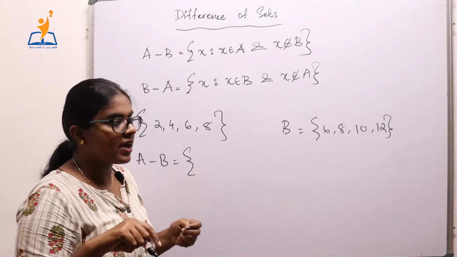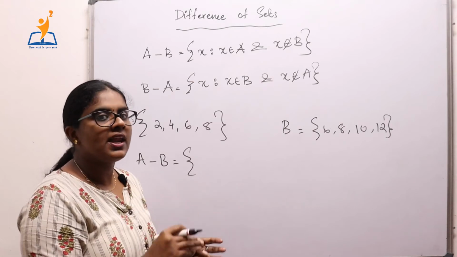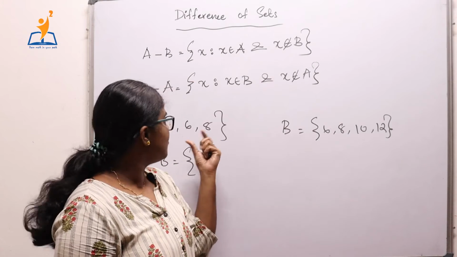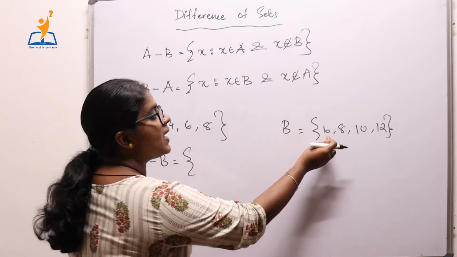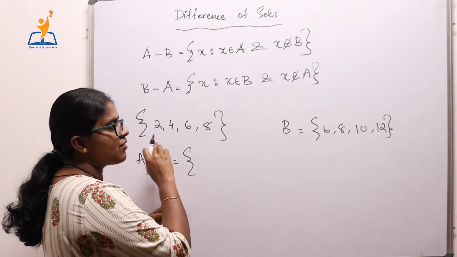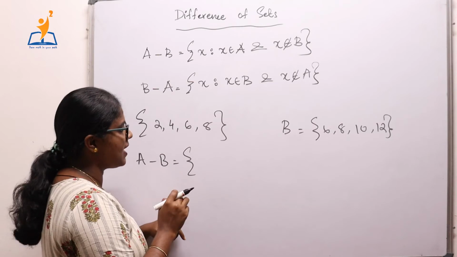There is one more condition: it should not belong to B. Therefore, to find A minus B, we have to take away the elements of B from A. The elements of B are 6, 8, 10, 12. If 6, 8, 10 or 12 are found in A, we have to remove them while writing A minus B.